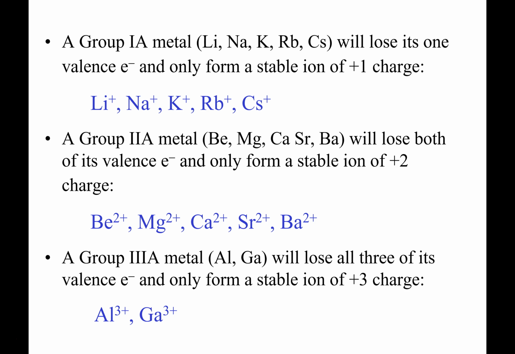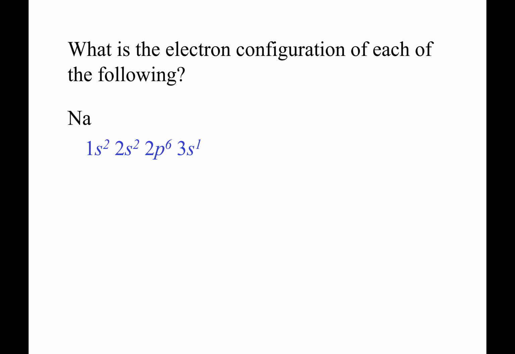Okay, so they lose electrons. Let's see what that looks like. If you were going to write the electron configuration of sodium, it would look like this: 1s2, 2s2, 2p6, and it peters out with 3s1.